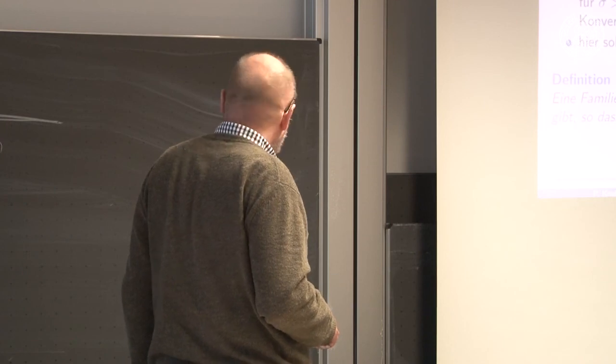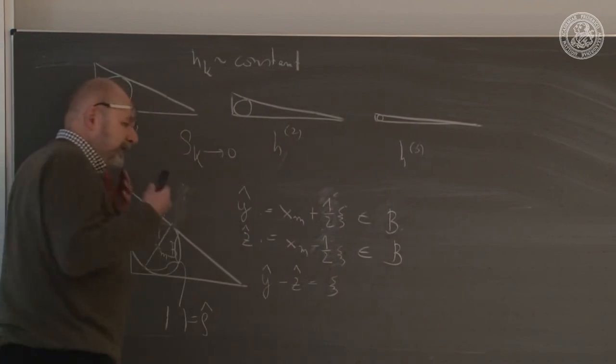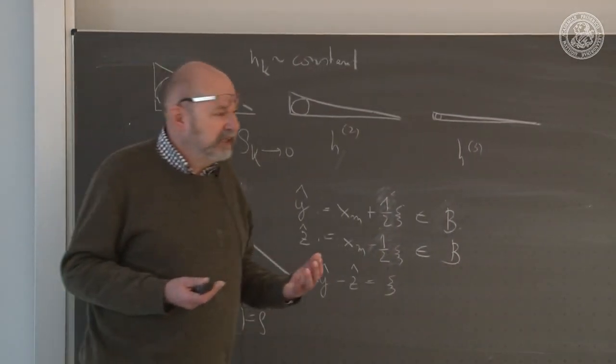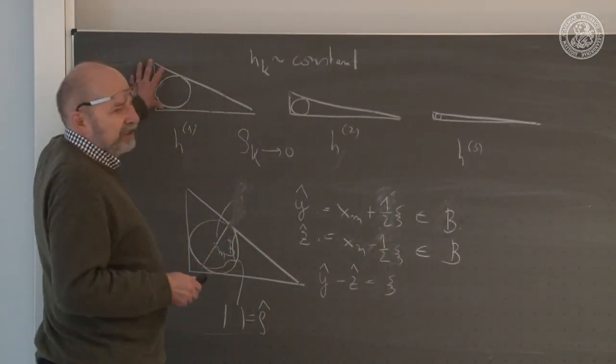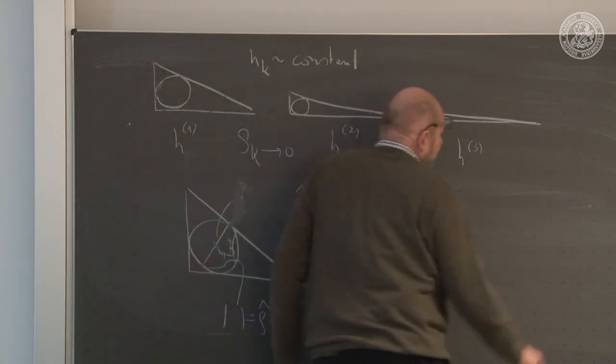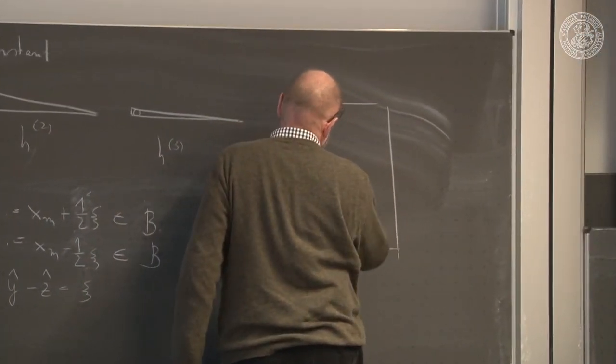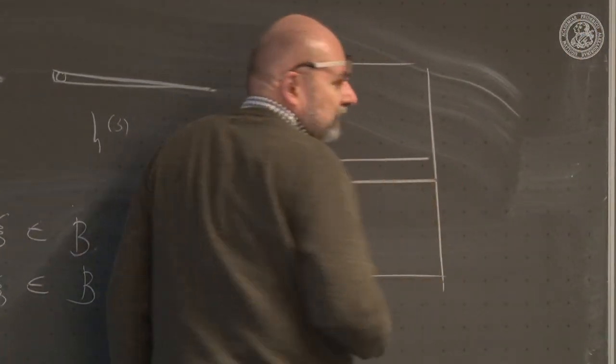Okay, the question now is, the unpleasant thing, so this is now quite a strong result. The unpleasant thing is that actually one would like to have elements like this. Think of, say, a laminated domain which has a very thin layer here in between.